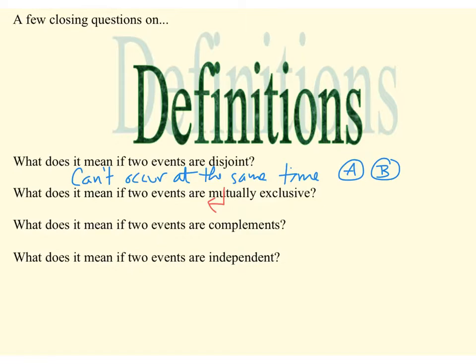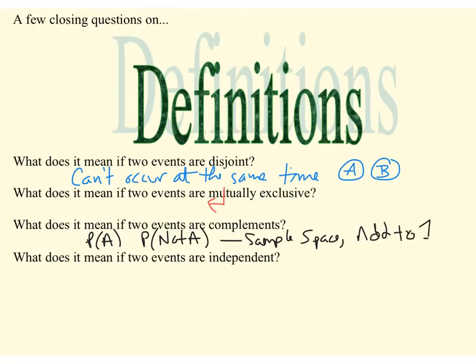What does it mean if two events are complements? Well, really, the key here is that it's the probability of an event and then the probability of that event not happening. So there are some things here you could talk about, like they constitute an entire sample space. They add to 1, therefore. What does it mean if two events are independent?